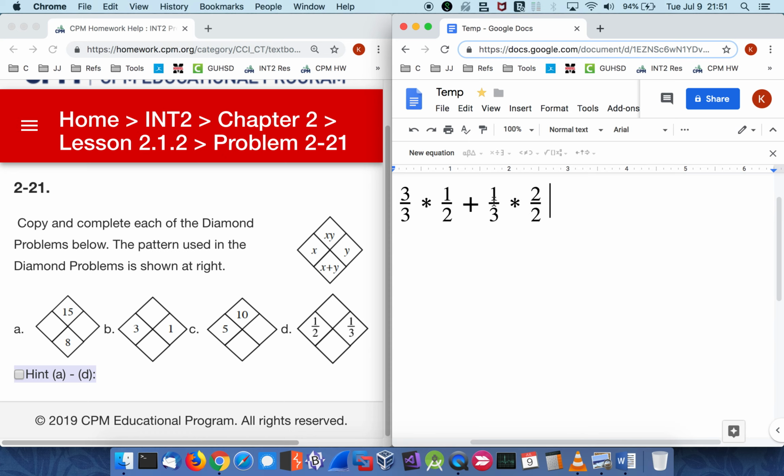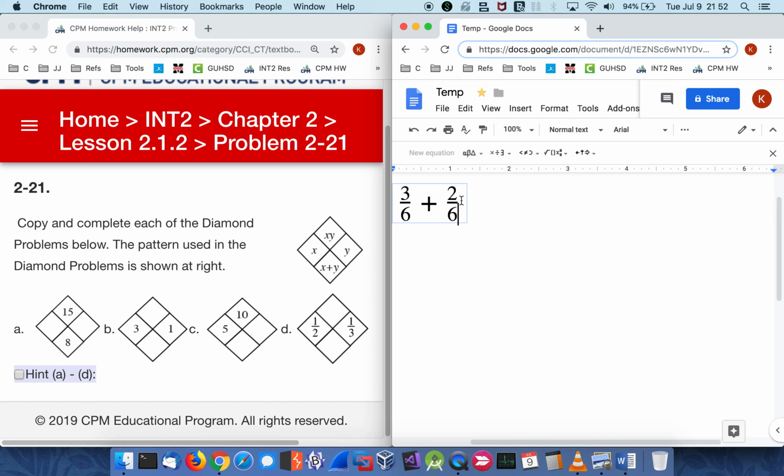Okay, so 3 over 3 is 1, 2 over 2 is 1, so we're really not changing the fraction, we're just multiplying it by 1, but we're going to put it into a form that's a little bit easier. So 3 times 1 is 3 up top, and 3 times 2 is 6 on the bottom. And then we can get rid of that part. So 3/6, same as 1/2, and over here, 2 times 1 is 2, 3 times 2 again is 6, so we can actually add these things. And there we go. So that's the same problem, 1/2 plus 1/3.